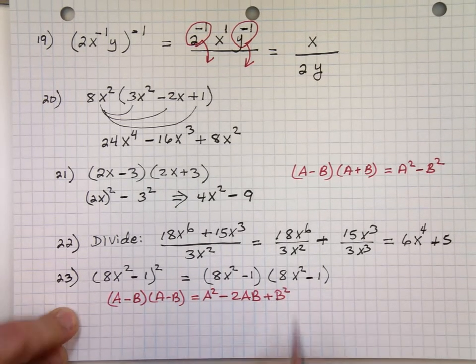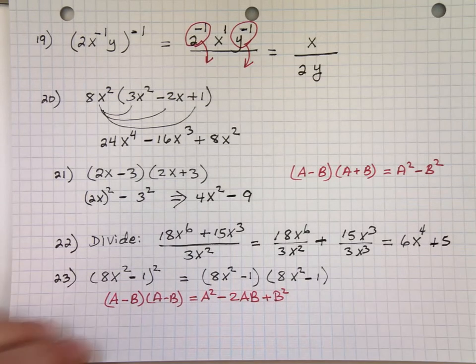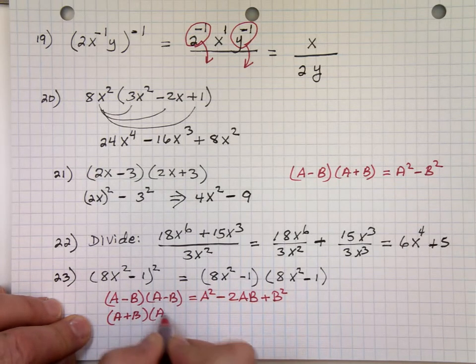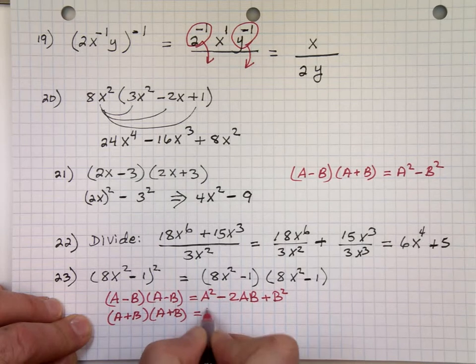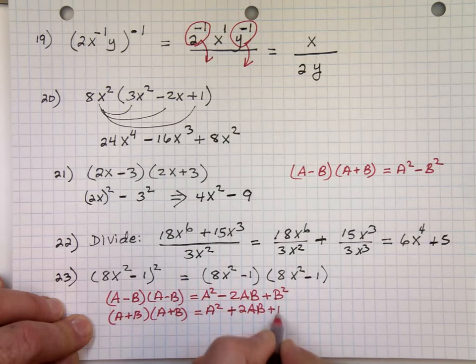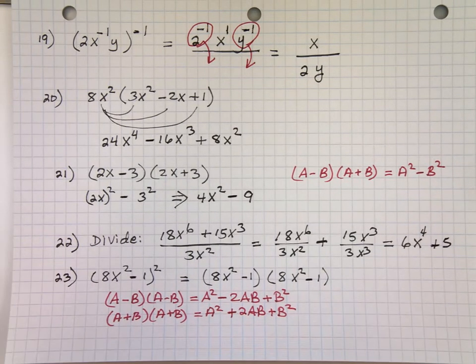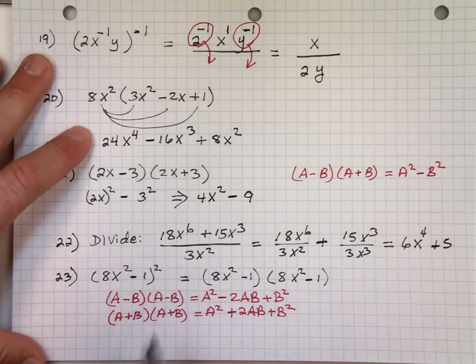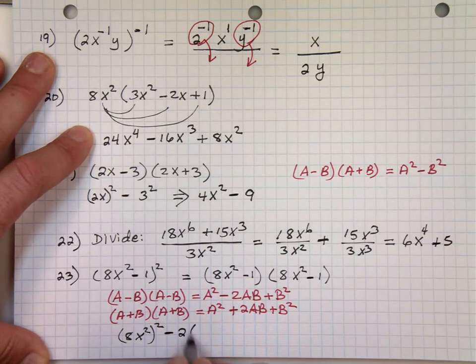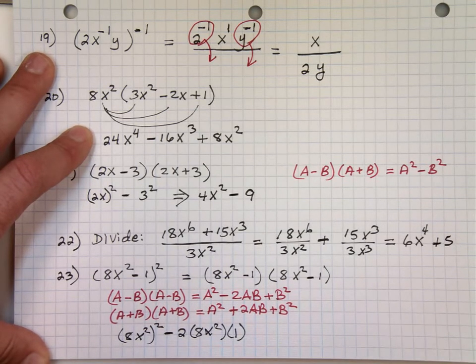And if it's addition, that'll be a squared plus 2ab plus b squared. We have a subtraction here, so I'll use the top one. My answer should take the first piece and square it, so 8x squared, squared, minus 2 times the first piece, 8x squared, times the second piece, which is 1, plus the square of the second term, which is 1.